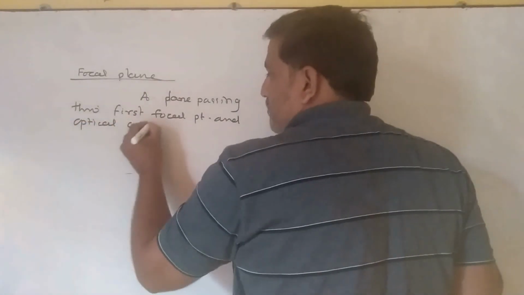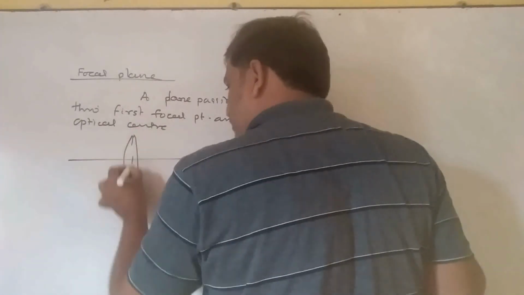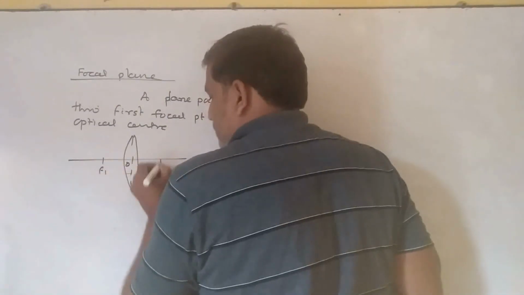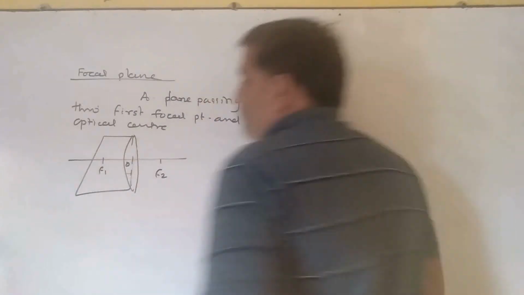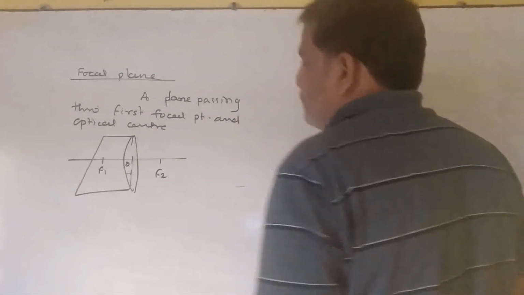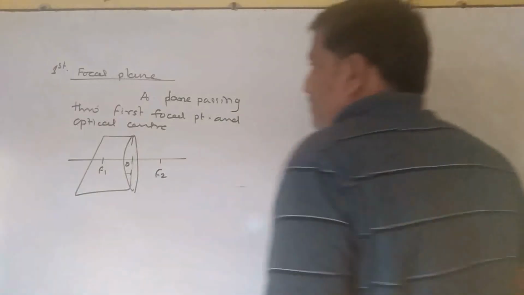Here I draw the picture. Here the optical center, here the first focal point, here the second focal point, and the plane which passes through the first focal point and optical center is known as the first focal plane.